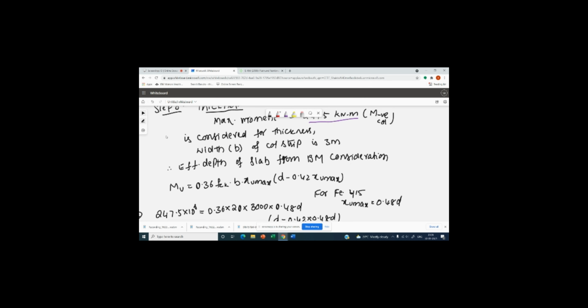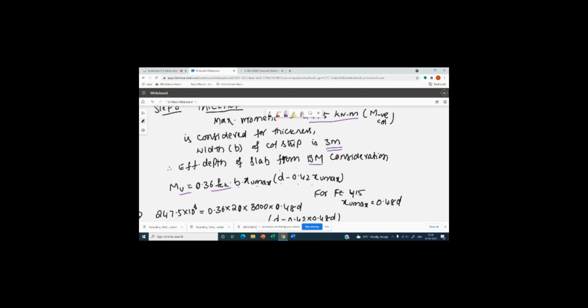When you determine the thickness, the width of the column strip shall be taken as 3 meters because the maximum bending moment is coming in the column strip. Now, using the formula Mu = 0.36 fck b xu,max (d - 0.42 xu,max), we will determine the thickness of the slab from bending moment consideration.